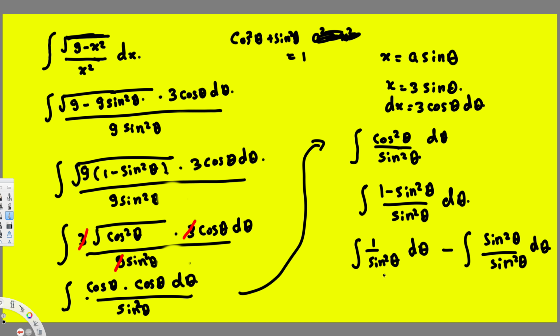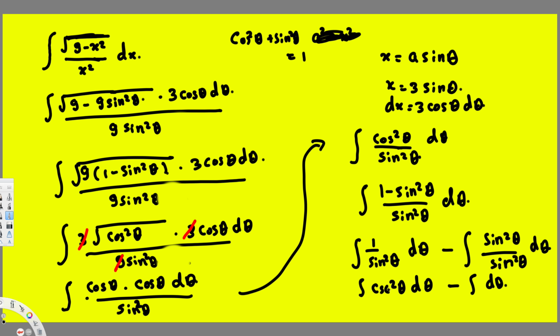Now 1 over sine square theta is cosec square theta, so this is going to be cosec square theta d theta, and sine square theta over sine square theta is just 1, so that's going to be just d theta. Now let's integrate. We know that the derivative of tan theta is sec square theta, and the derivative of cot theta is minus cosec square theta.